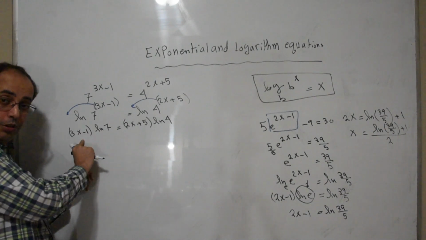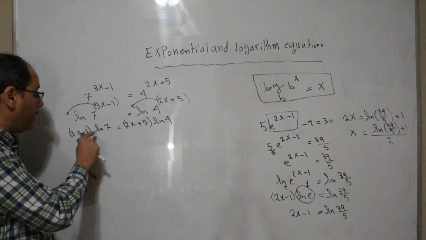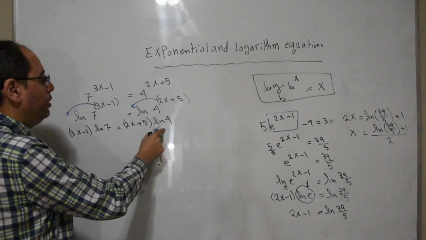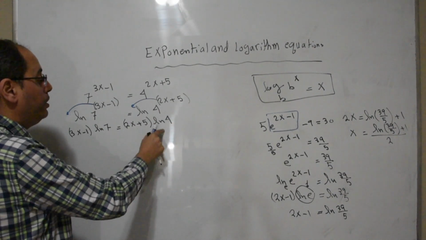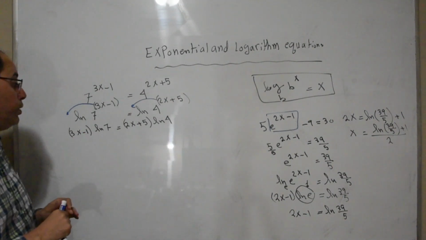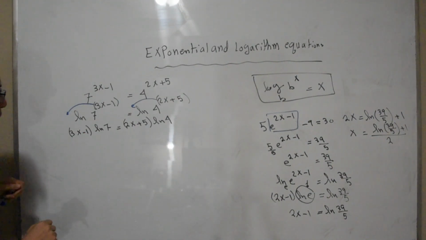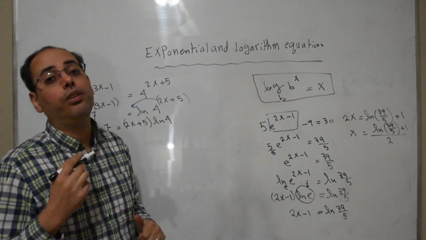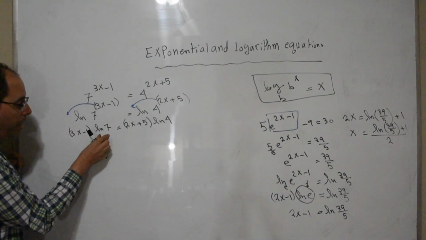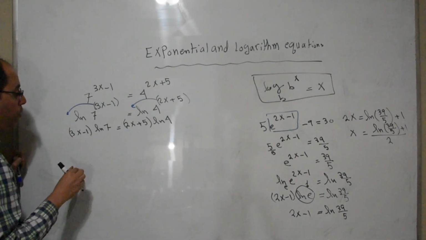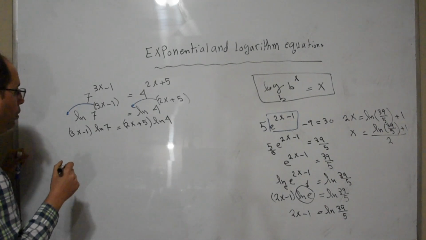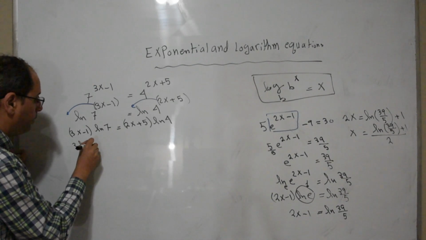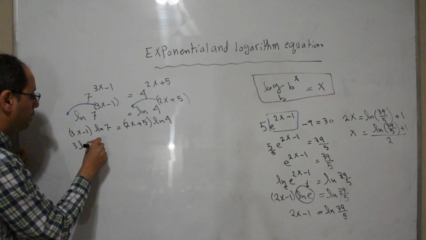So you can distribute 2 to multiply 2 by 3x minus 1, and here, let's say 3 or 4, distribute the natural log of 4 and distribute the natural log of 7. Okay? If you think that the natural log of 7 and the natural log of 4 is just a number, you can do so. Okay, so I'm going to multiply the natural log of 7 times 3x. So I'm going to call this 3 natural log of 7, okay, times x.